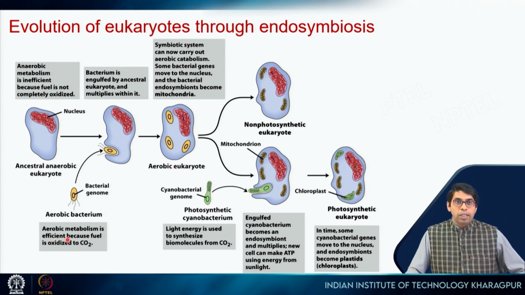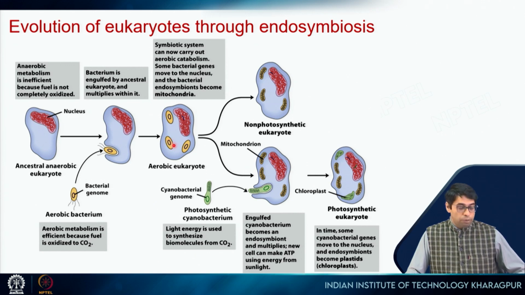This aerobic bacteria's metabolism is far more efficient. The bacterium is engulfed by the ancestral eukaryote, and the bacteria multiplies inside it. Now you have multiple bacteria, but they are not killing each other, they are living together. This is symbiosis. The symbiotic system can now carry out aerobic catabolism, because that is present in this bacteria. Some of the genes present in the bacteria are transferred from the genomic DNA of the bacteria to the genomic DNA of the eukaryote.